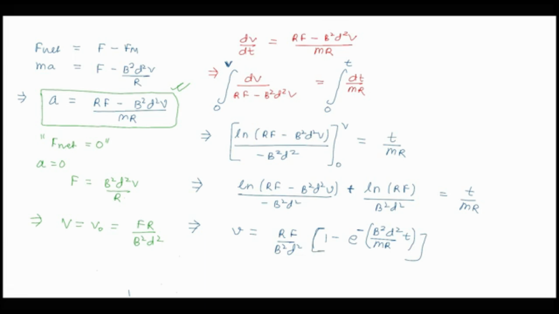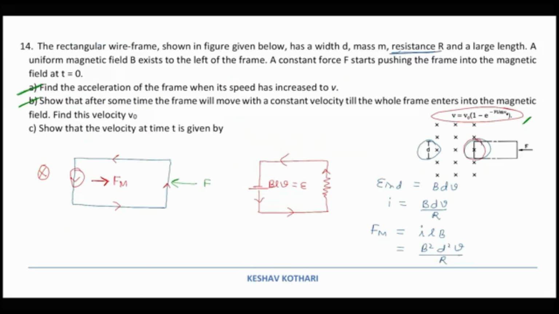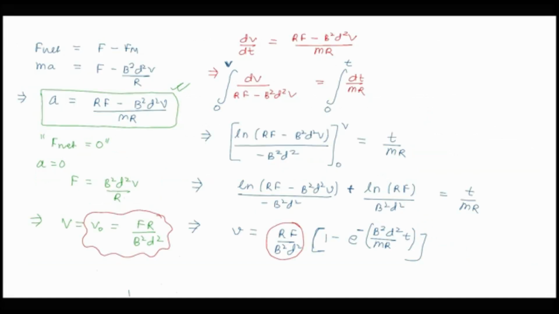So from here I can say that RF upon B²D² is equal to v naught, and the exponent is equal to ft upon m v naught. So it is of the form ft upon m v naught. Hence we have attained this expression: v is equal to v naught times (1 minus e to the power minus ft upon m v naught). For this particular problem we have attained this equation.